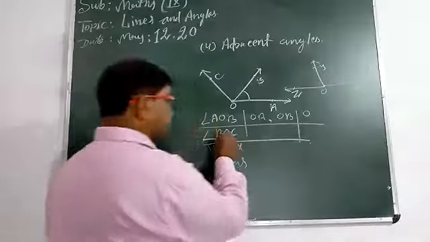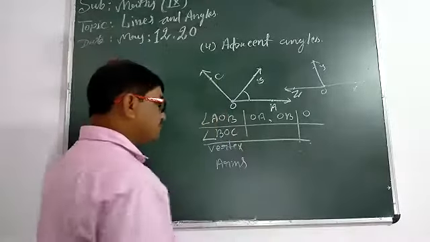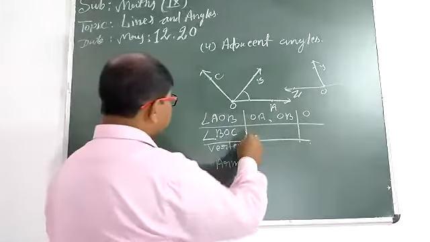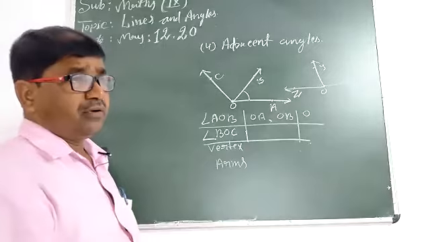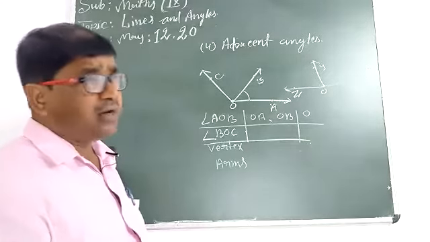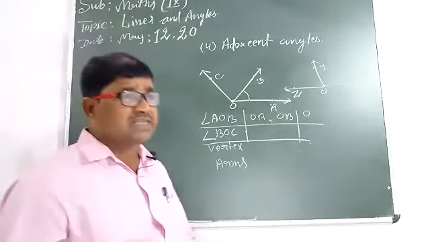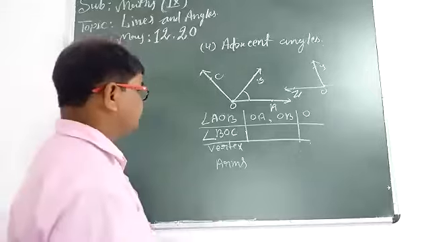Similarly, in angle BOC there are two arms also, because without two arms we can't imagine the angle, we can't imagine the inclination.